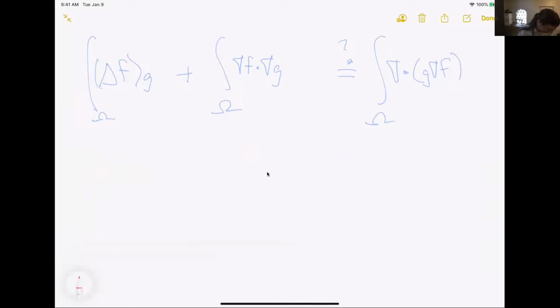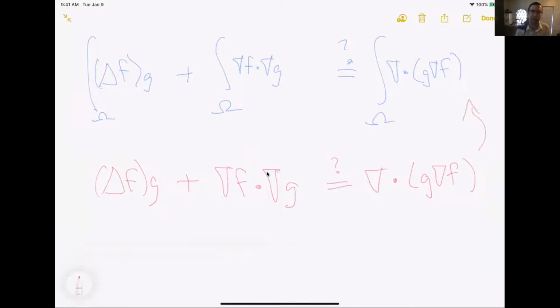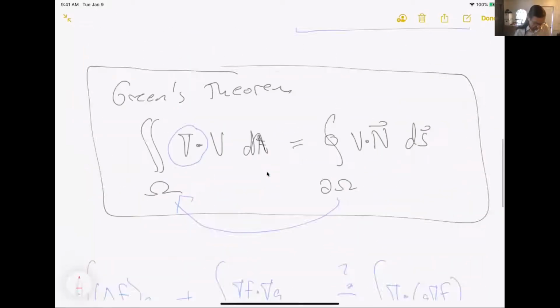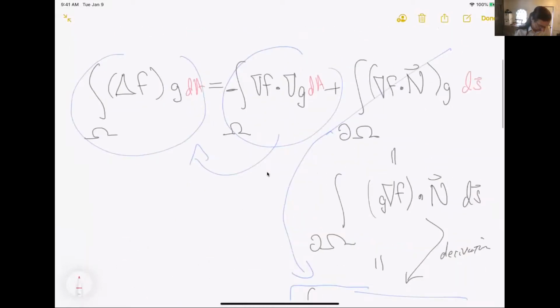You're going to prove that this is true. This is what you want to show. Once you show that, you just integrate every term to get that, and then you work backwards, going the other way, to get the original expression.